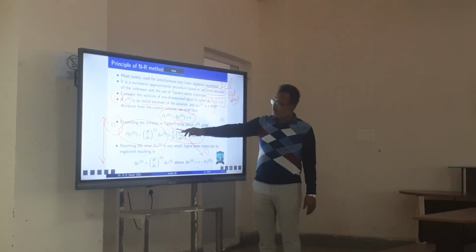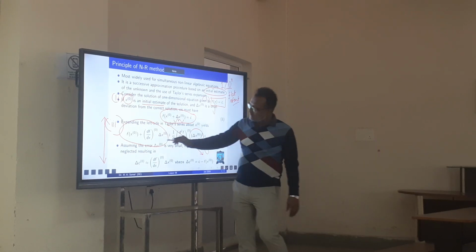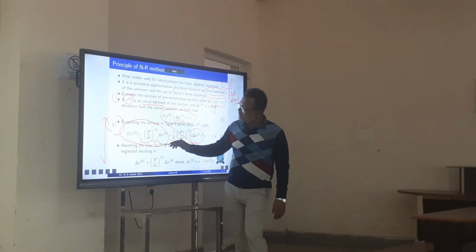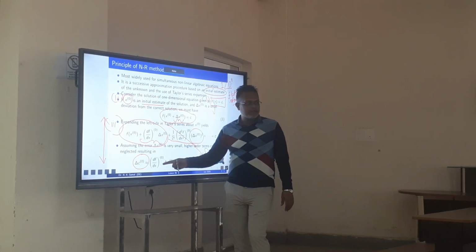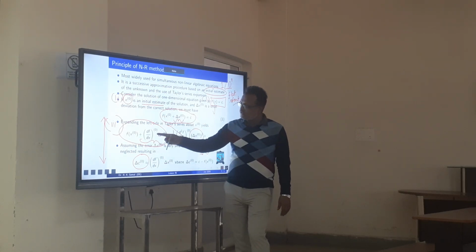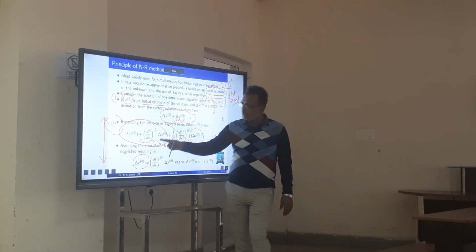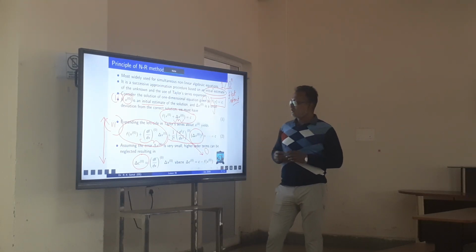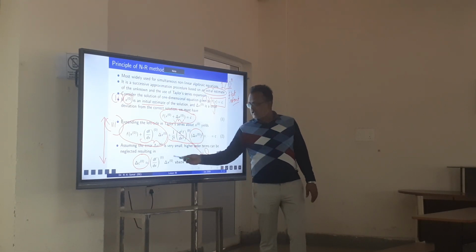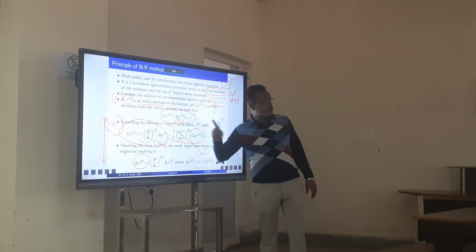Therefore, from here we see that this term can be considered to be the small increment. So we will denote this term as delta C0, which is df/dx at x0 times delta x0. So this term is delta C0. Remember it.